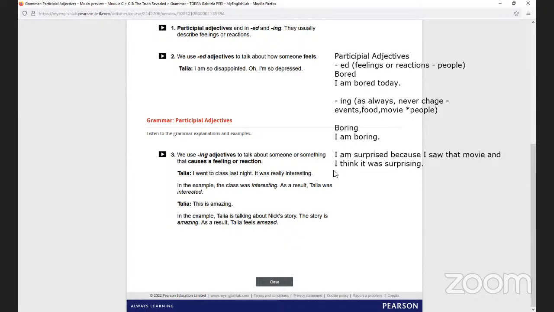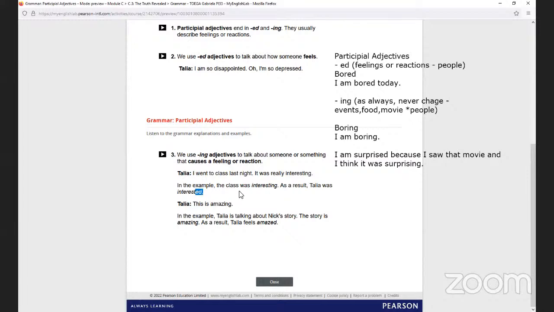That's why I am using interesting with ing. So now in the example, what we are showing is that the class was interesting, and as a result, Talia was interested in the class.